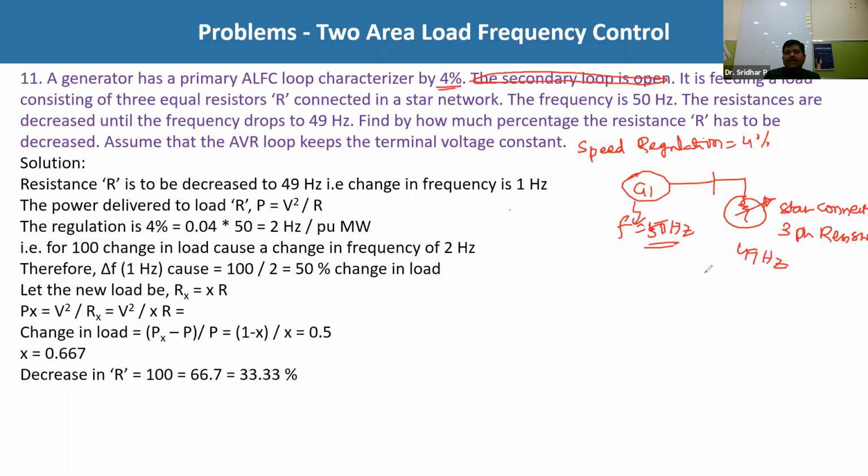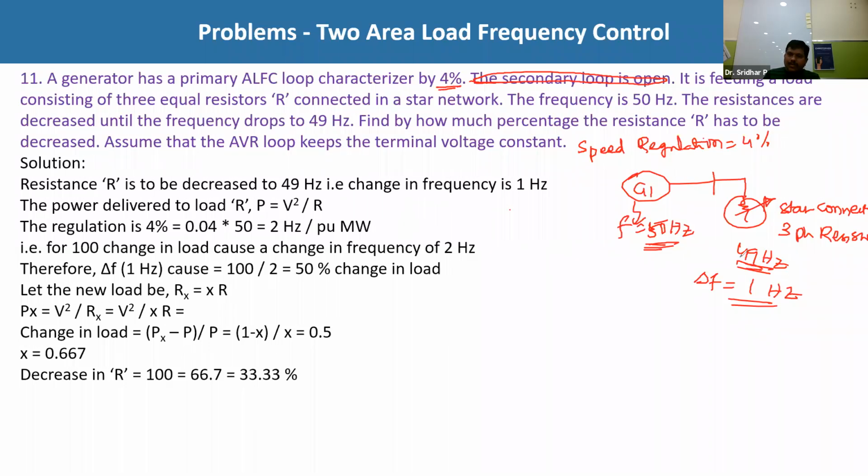It means the change in frequency, delta f, is equal to 1 Hz. Find how much percentage the resistor R has to be decreased in order to achieve 49 Hz frequency. Initially the frequency is 50, but he wants to adjust the frequency of the system to 49 Hz.